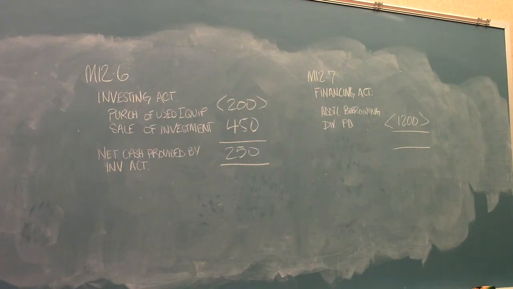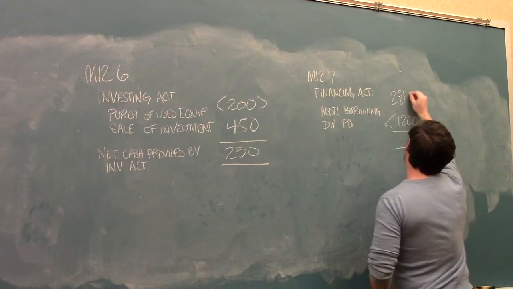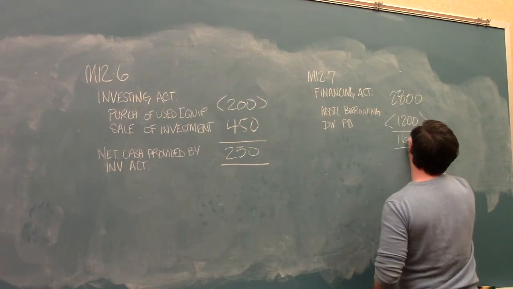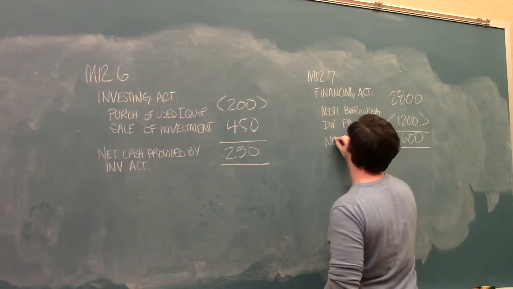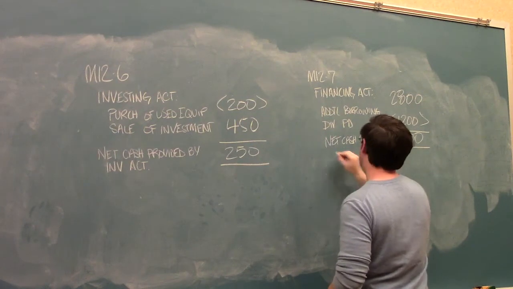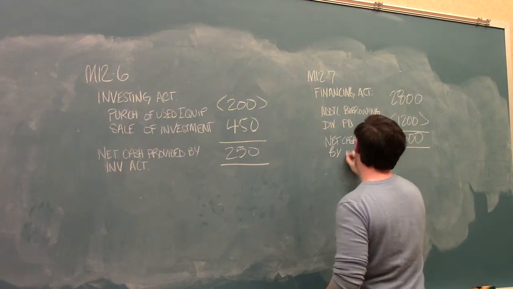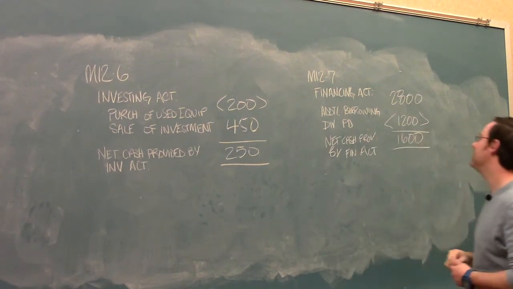Additional borrowing from bank, that is pertinent information. $2,800 for additional borrowing from the bank. And that's the last item on the list. So that leaves us with a total of $1,600 of net cash provided by financing activities. And I'm abbreviating a little bit here.